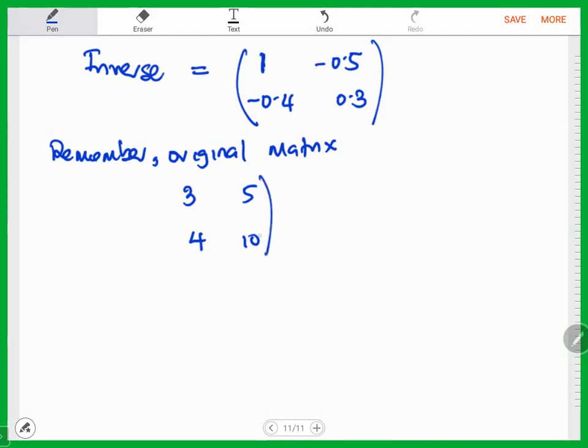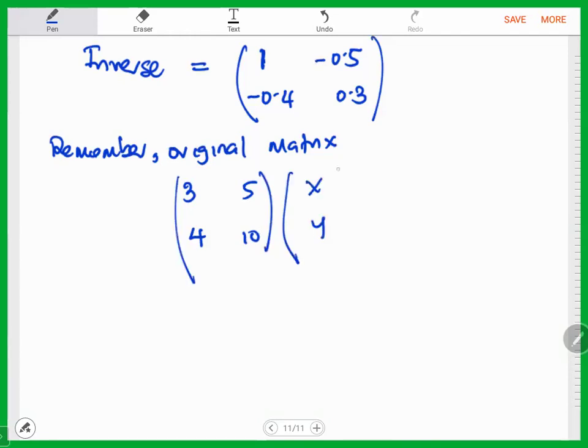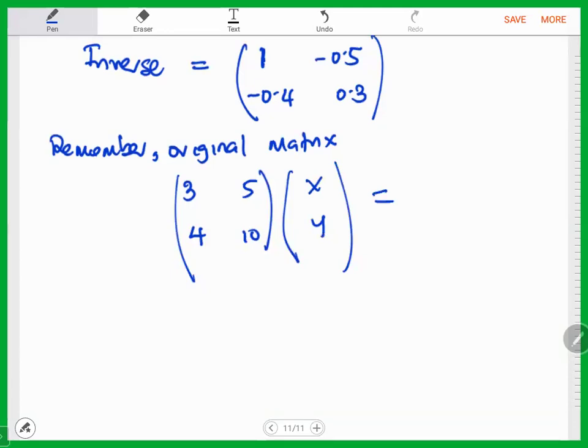Into xy being equal to 900 and that is the original matrix. So we are saying that having obtained our inverse, we multiply it on both sides.